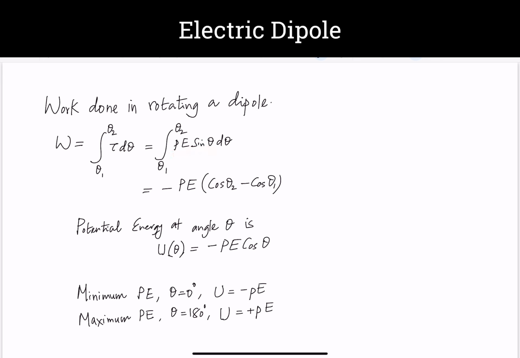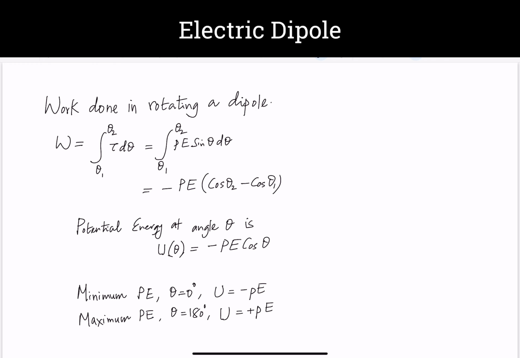Now, since we know that the torque is PE sine theta, substitute that. And when you integrate, the constants P and E are taken out. After integrating, you get negative cosine theta. And then when you substitute the limits, you get negative PE times cosine theta 2 minus cosine theta 1.